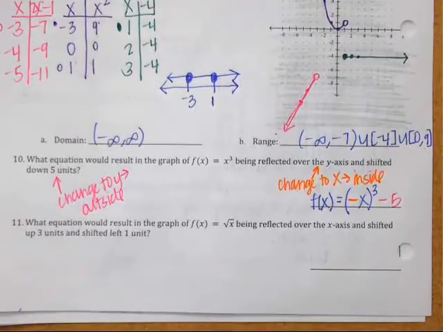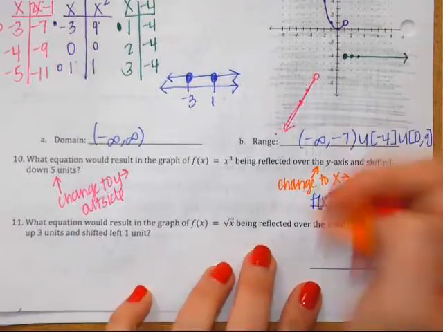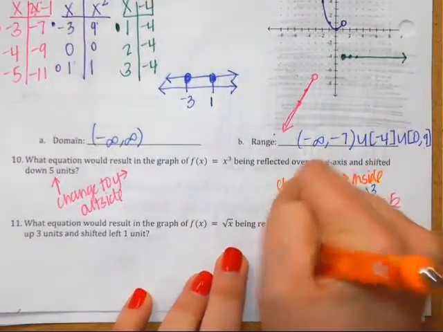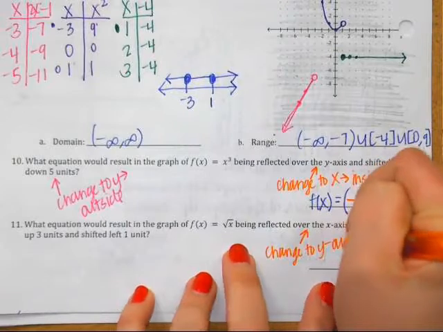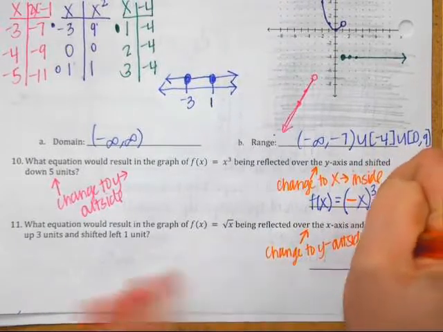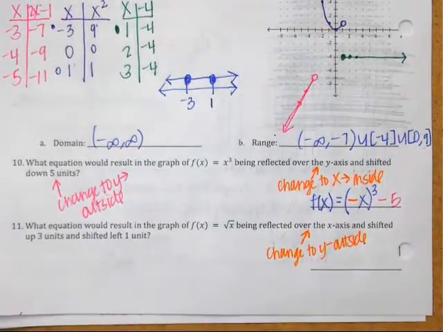Last one. Hallelujah. So number 11, what equation would result in the graph of f of x equals the square root of x, so our parent function, being reflected over the x-axis, shifted up 3 units, and shifted left 1 unit? So reflected over the x-axis is a change to the y. So that means it's outside, because a change to a y is outside, so it's going to be outside the square root.